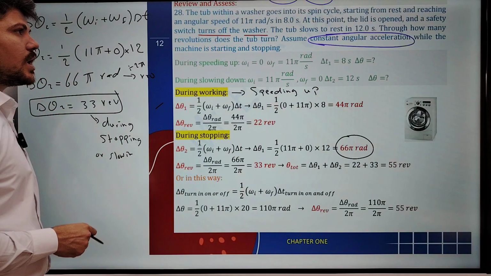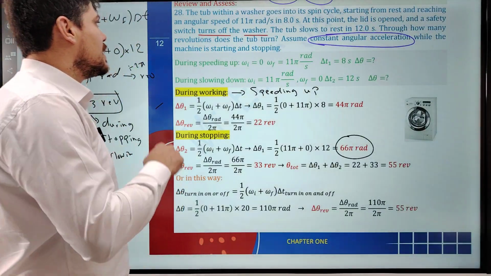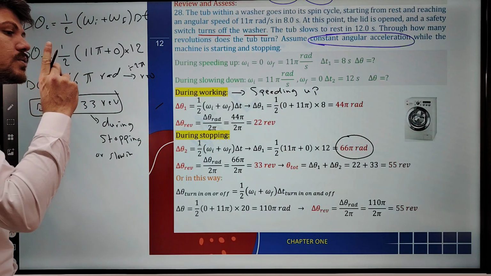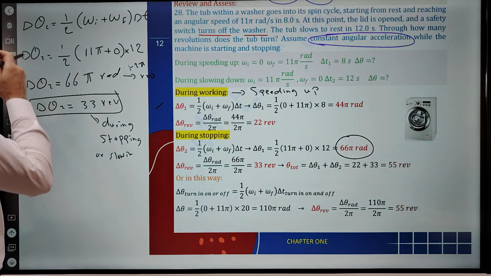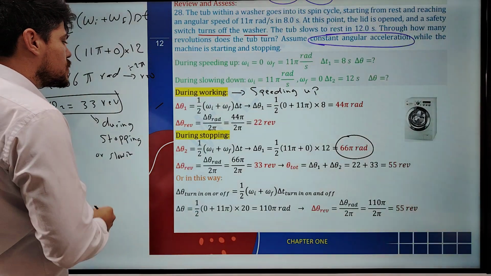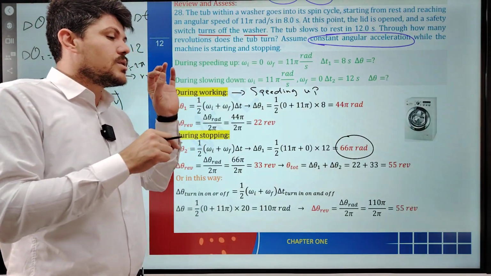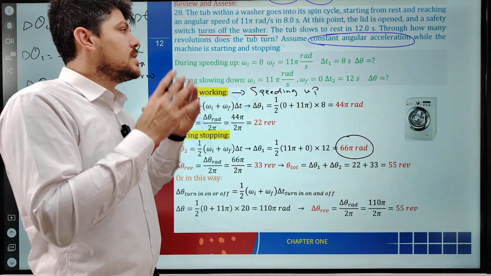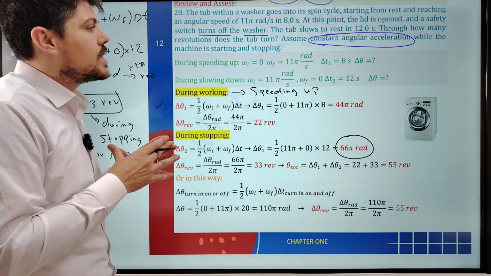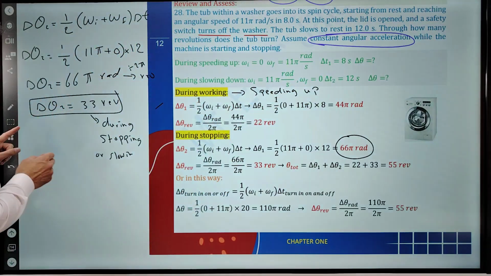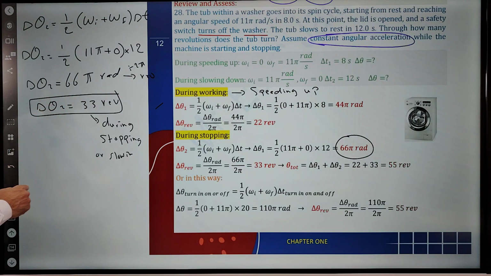If the question says through how many revolutions does the top turn during stopping, only during stopping, or if the question says through how many revolutions does the top turn in 12 seconds, then in 12 seconds the top is turned 33 rev or 66 pi rad.